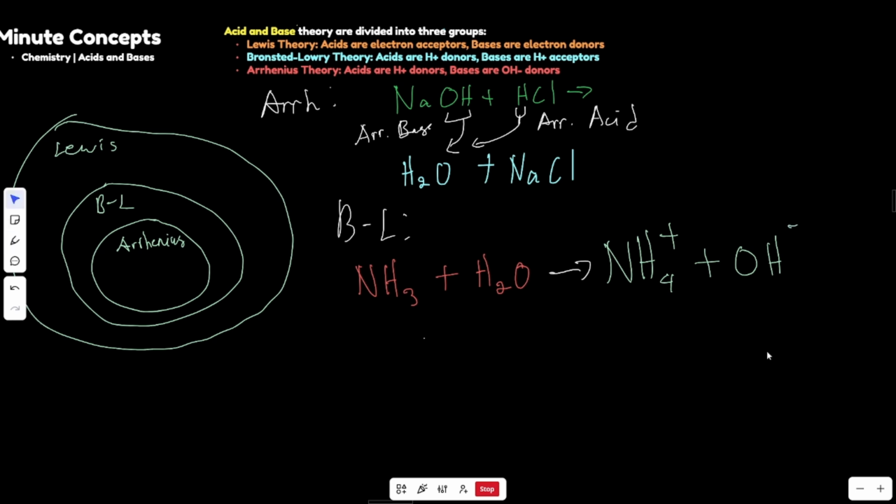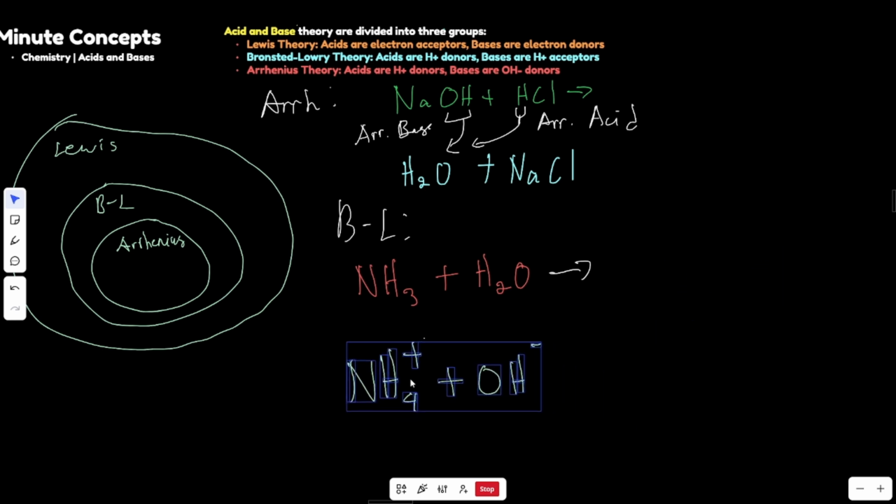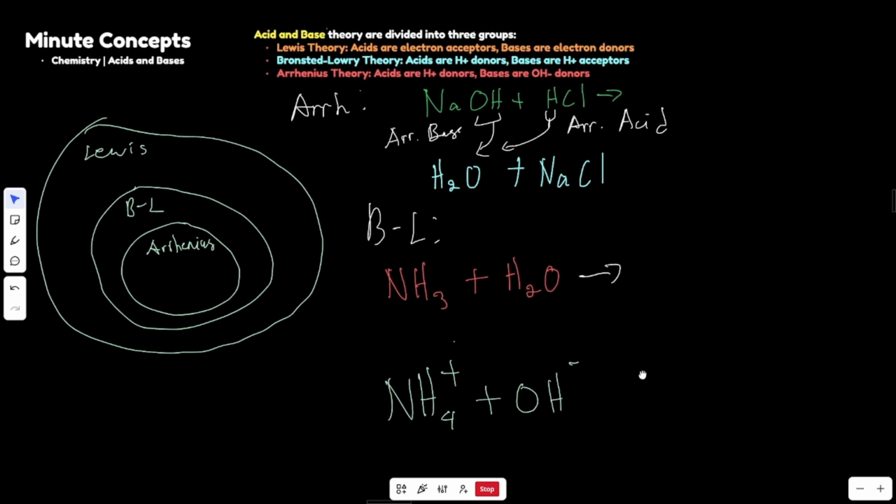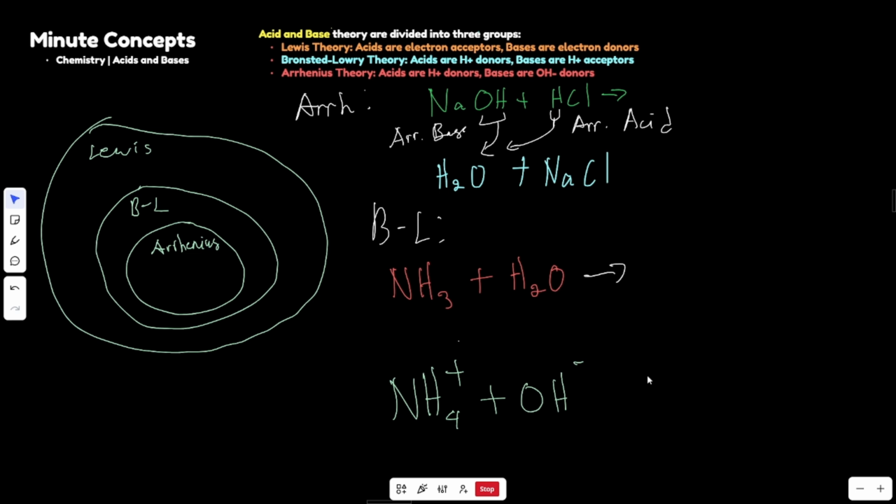Now, let's put them on top of each other again, and let's identify who here was the hydrogen donor and the hydrogen acceptor. Because again, Bronsted-Lowry is just the exchange of hydrogen. So in this one, we see that the water is the one that donates one of its hydrogens to ammonia, which here is the acceptor.